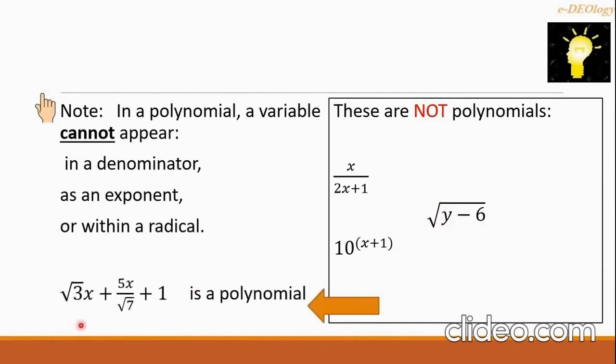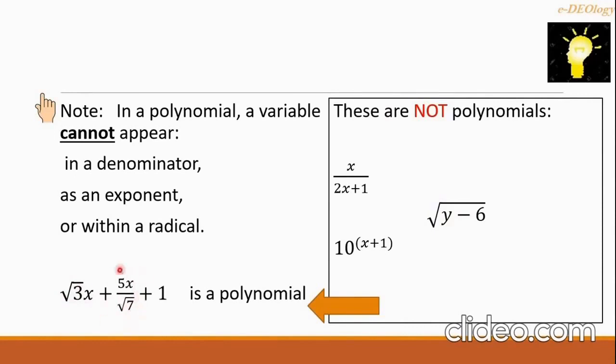Here is an example of a polynomial. See here, the square root of 3 as a coefficient of x. See the radical, it is only for the number 3 and not the x. So there is no variable inside the radical symbol. Plus the fraction 5x over square root of 7.